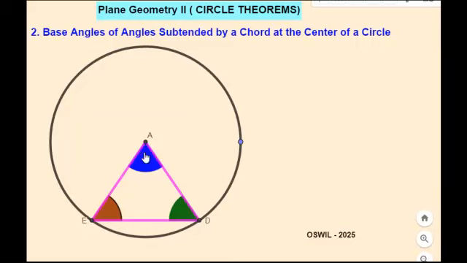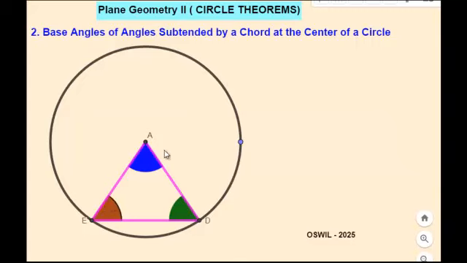The base angles are AED and ADE. So base angles of angles subtended by a chord at the center of the circle, and this is the angle at the center, and it is subtended by the chord ED. So that's all the subtopic is about.